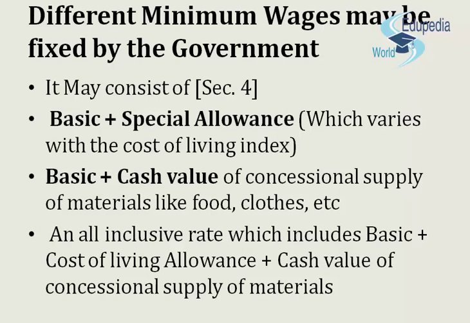Different minimum wages may be fixed by the government. In Section 4, it is mentioned that basic plus special allowance, which varies with the cost of living index. Second, basic plus cash value of concessional supply of materials like food, clothes, etc. Third, an all-inclusive rate, which includes basic plus cost of living allowance plus cash value of concessional supply of materials, is fixed by the government.